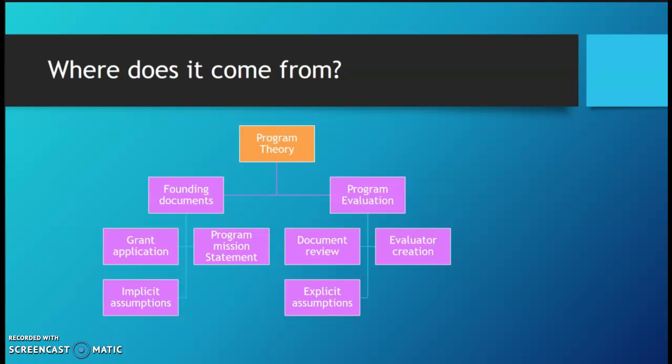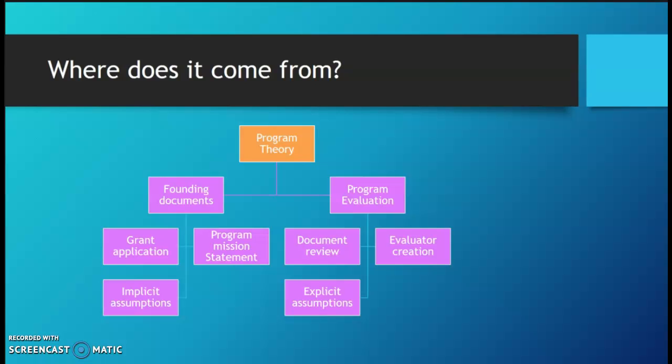You can also gather implicit assumptions by interviewing key stakeholders. Okay, so the folks who founded the organization, board members who've been around a particularly long time. Maybe there's that one clinician in the agency that's been there forever, and they could speak to some of this information. But in agencies that are up and running, you do want to go back and look at all of these things to understand how this agency was created and what it was designed to do.